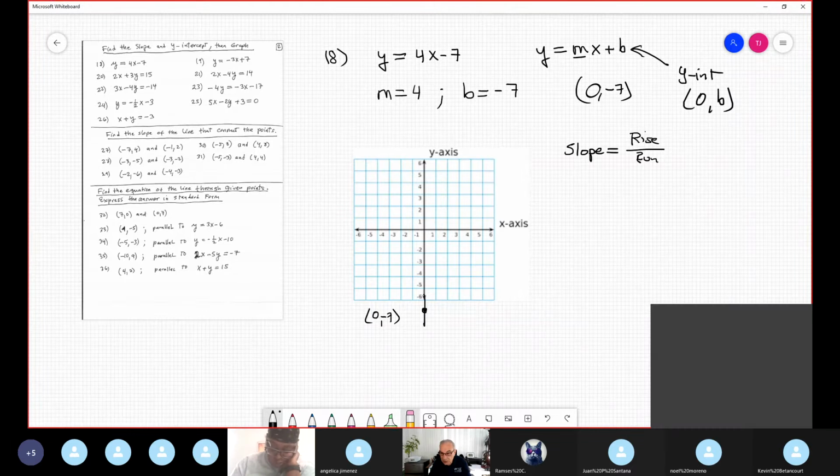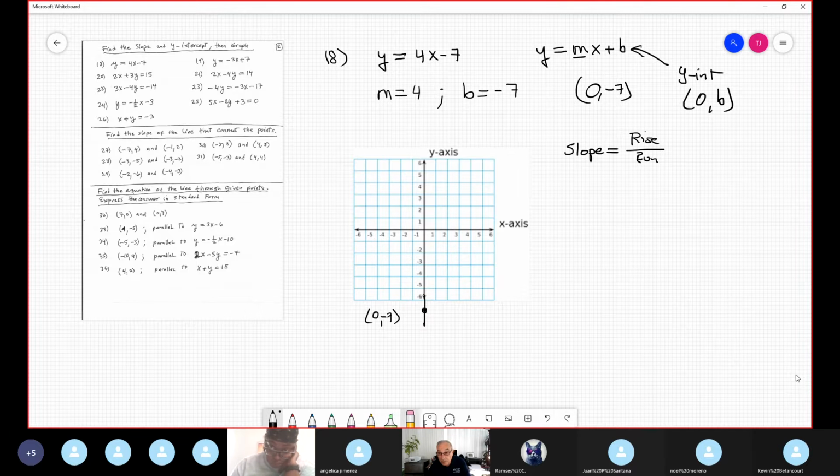In our specific example, the slope is 4. 4 is a whole number, I don't care, because I suppose the run is 1. Any whole number you consider like a fraction with denominator 1. So 4 rise, which is positive, is up. Positive up, negative down.